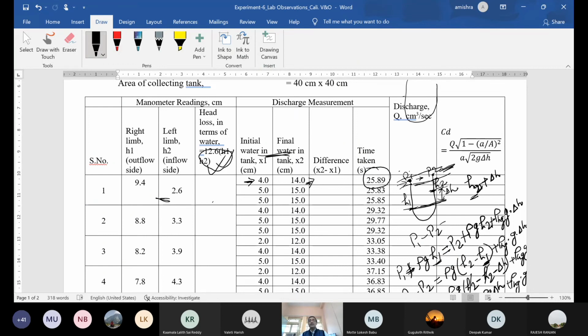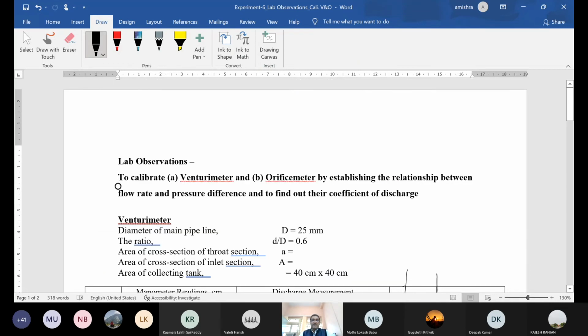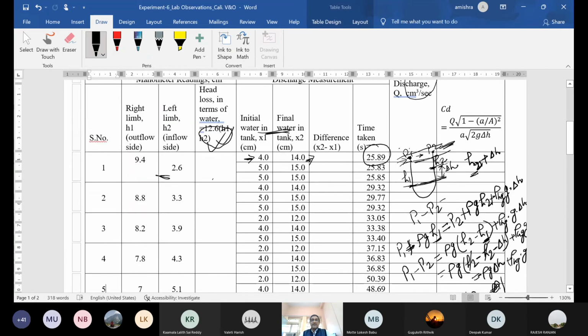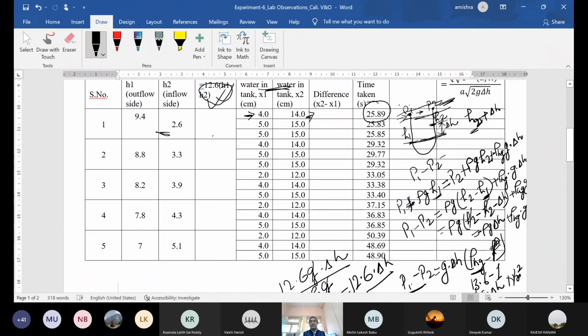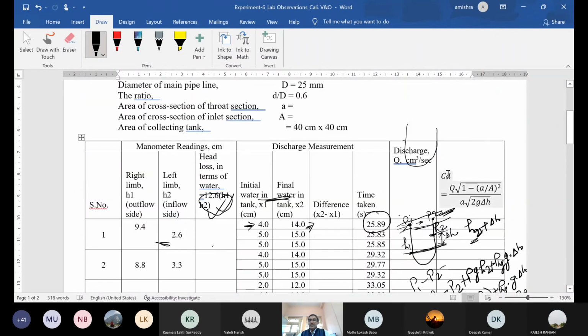So this is the exercise we need to perform for learning this calibration of orifice and venturimeter, and to find out coefficient of discharge value for these two.